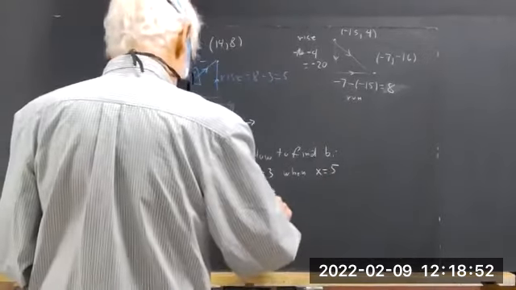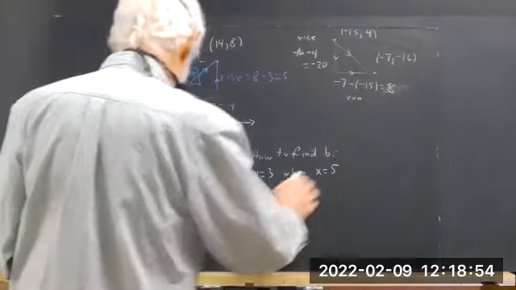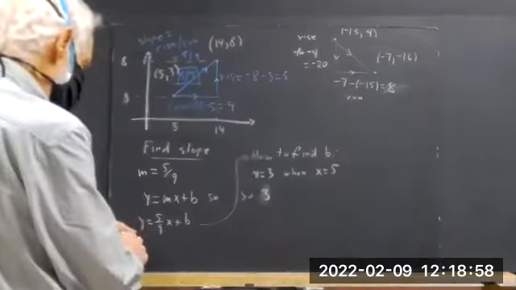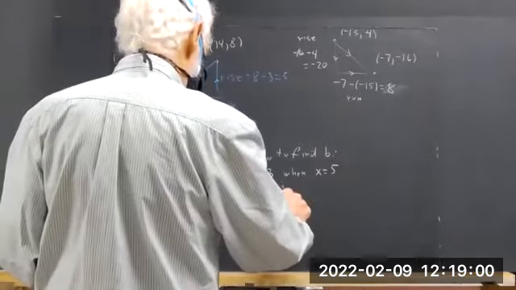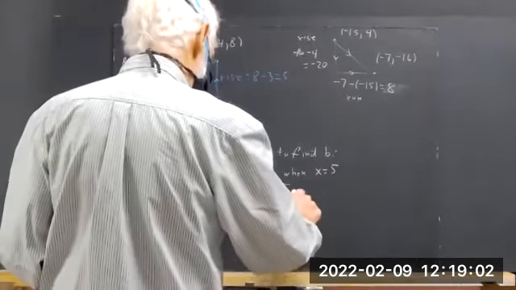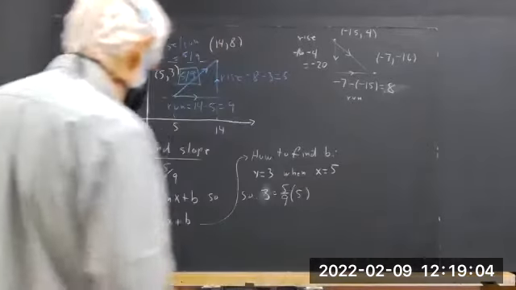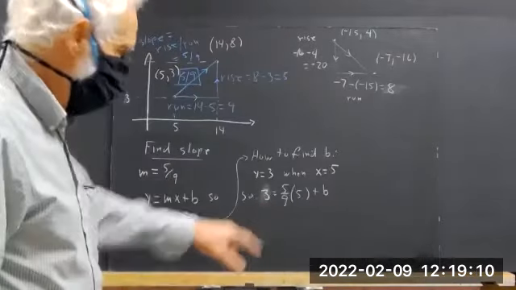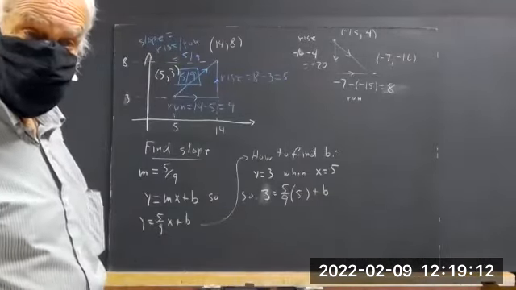So y equals 3 when x equals 5. So 3, which is your y coordinate, equals 5/9 times x, which is 5, plus b. And now we have an equation we can easily solve for b.